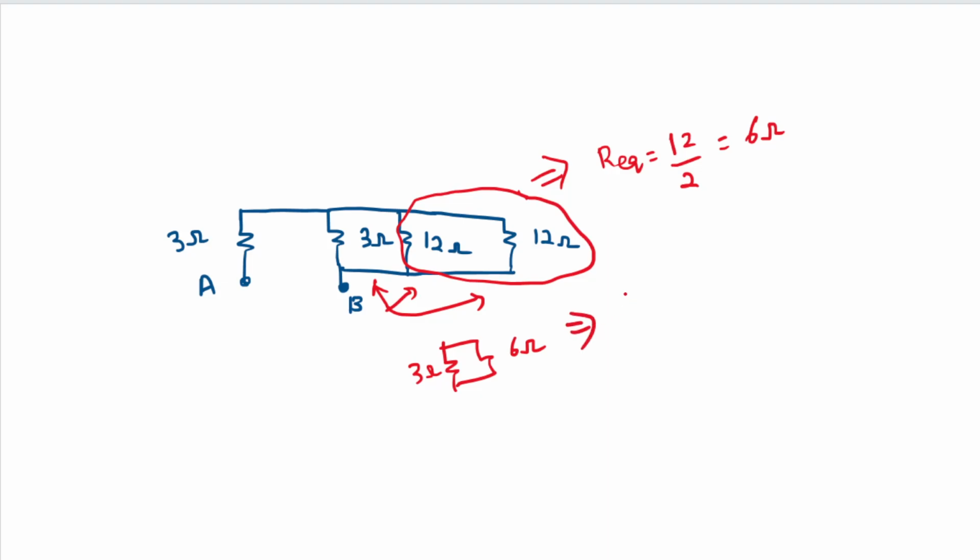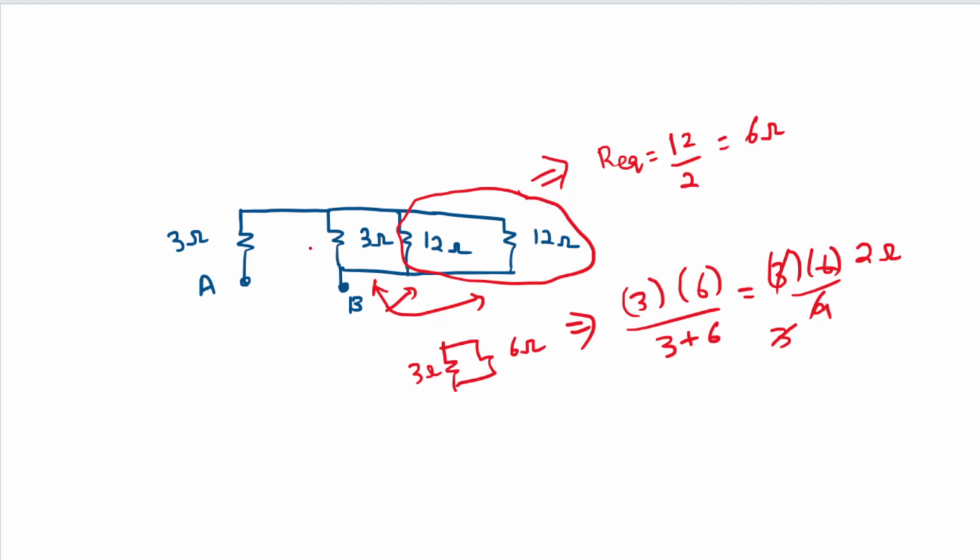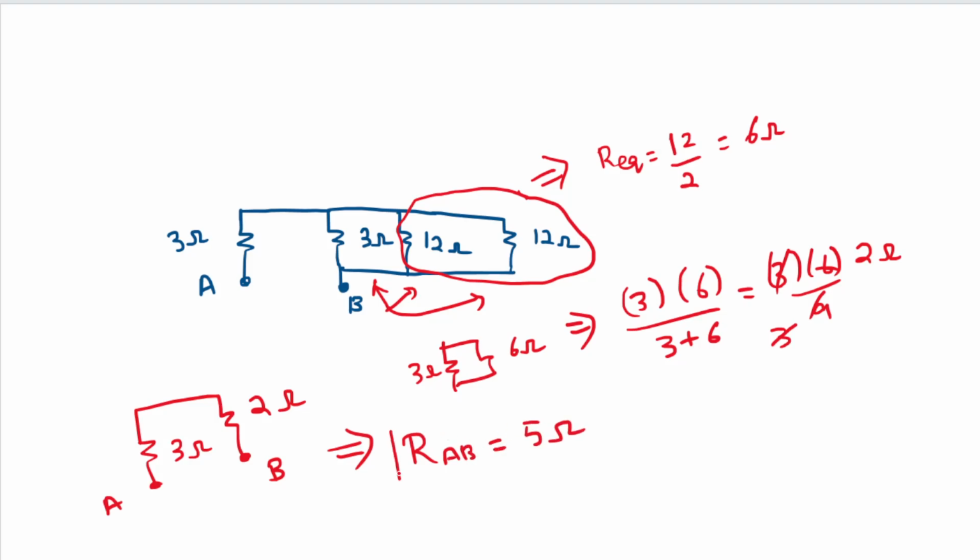So this will further simplify to 3 into 6 by 3 plus 6, as R equivalent is R1 R2 by R1 plus R2. So 3 into 6 by 9, and we get 2 ohms. And we can see that we have 3 ohm connected in series to 2 ohm across nodes A and B, and these two are in series, which implies that RAB is equal to 5 ohms.